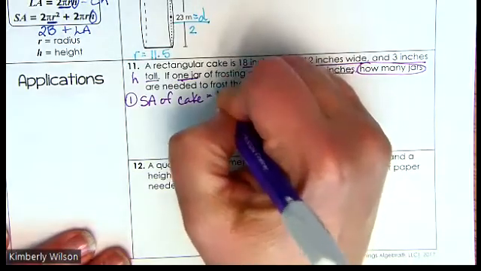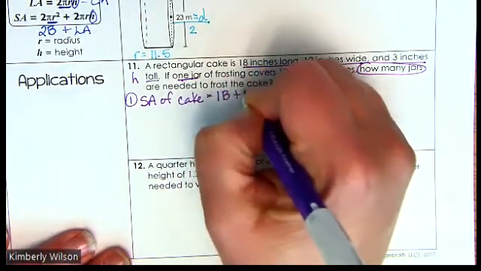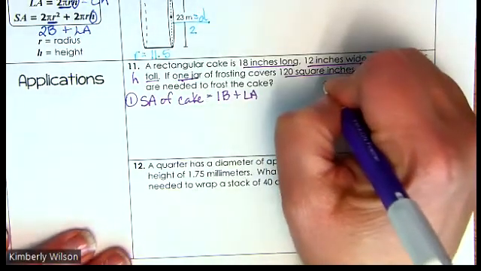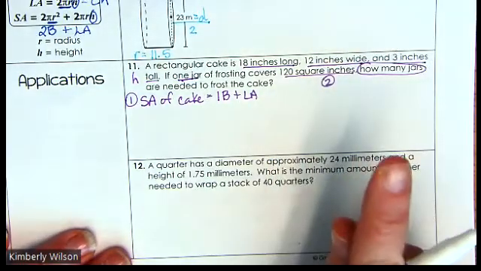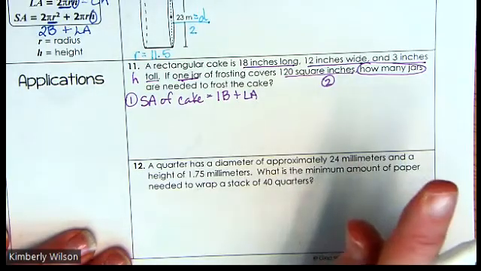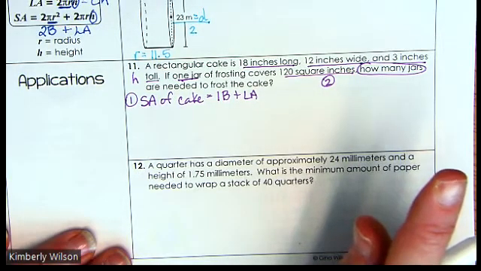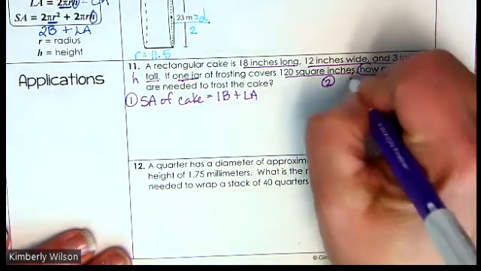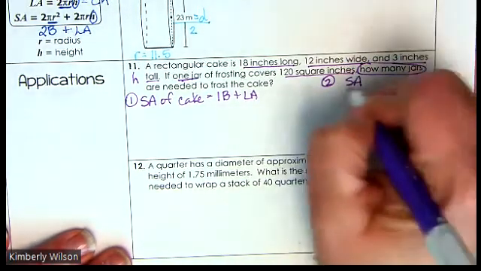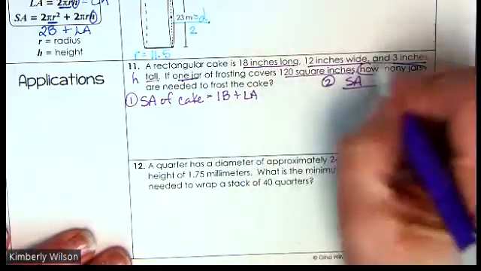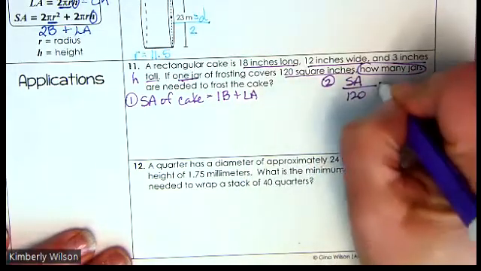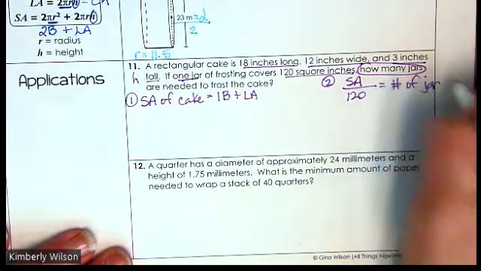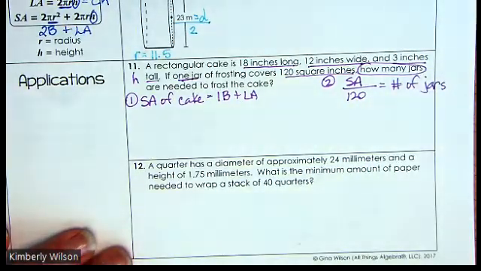So this is going to be 1B plus the lateral. And then step 2 is, once I know how much it takes to cover one cake, I'm going to take that surface area and divide by 120 to figure out the number of jars it will take to cover it.